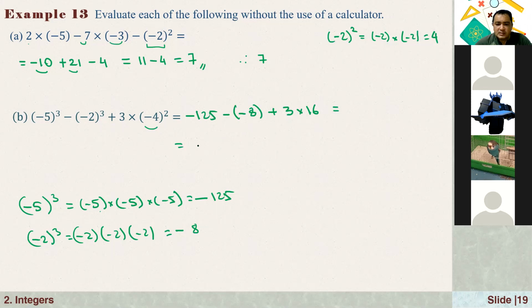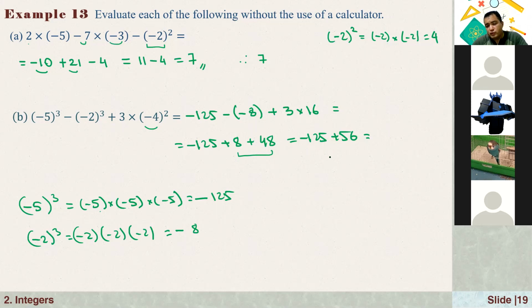Equals, now let's simplify. First, negative 125 minus negative 8, it is plus 8, plus 3 times 16, it is 48. Okay, if you want, I can simplify this one. First, 8 plus 48 is 56, so -125 plus 56. They have opposite signs.